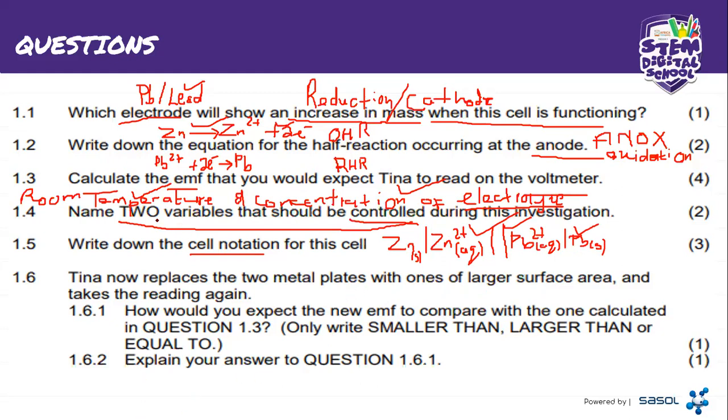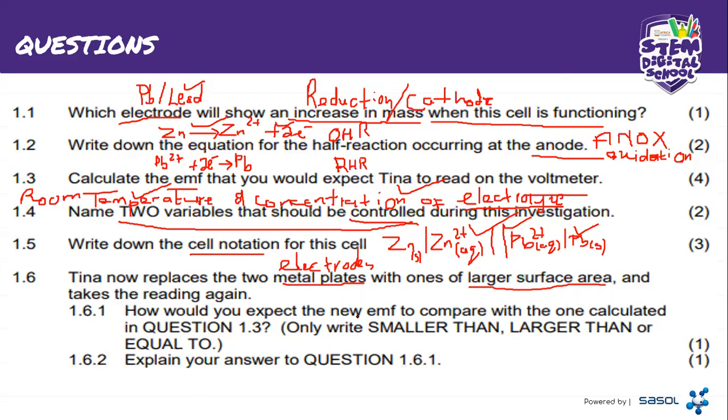Then Tina now replaces the 2 metal plates with ones of a larger surface area. So these metal plates, you will remember those are the electrodes. And now the electrodes are being increased in terms of size. So she uses electrodes with a larger surface area and takes the reading again.